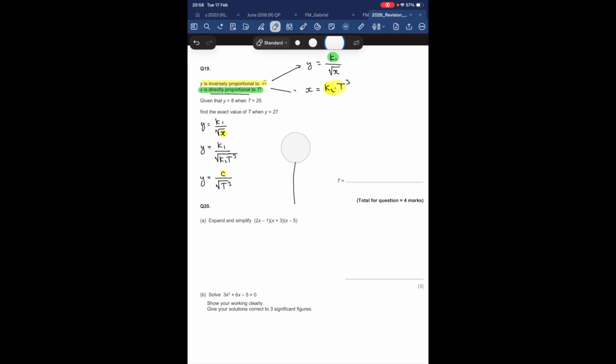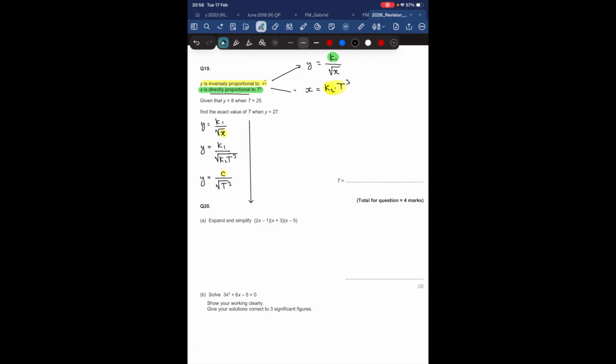So I'm just going to get rid of this line, and I'm going to put a new line here. I'm now going to replace the y here with 8, and I'm going to replace the t with 25.